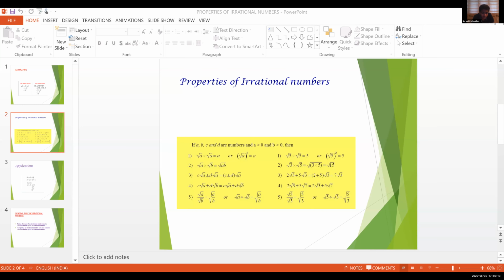Root A by root B, or root A divided by root B, equal to root A by B. The example: root 5 by root 3, which equals root 5 by 3.